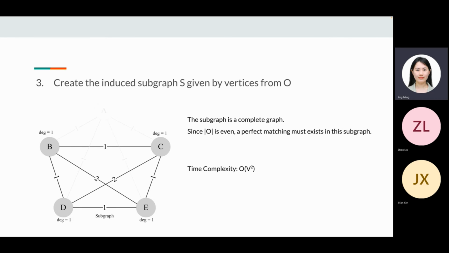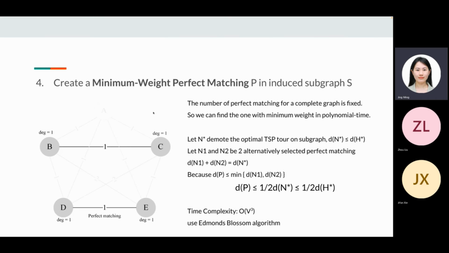And third, we create the complete subgraph in quadratic time based on the odd degree vertices set. Because the number of nodes in O is even, a perfect matching always exists in this subgraph. So next, we create a minimum weight perfect matching in this induced subgraph. Here, that is BC and DE.